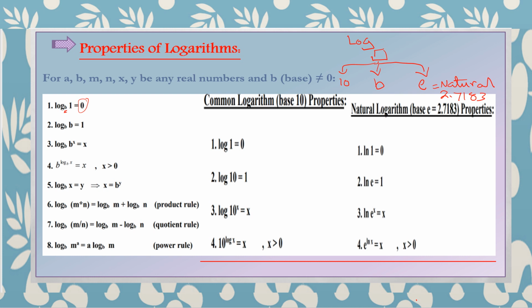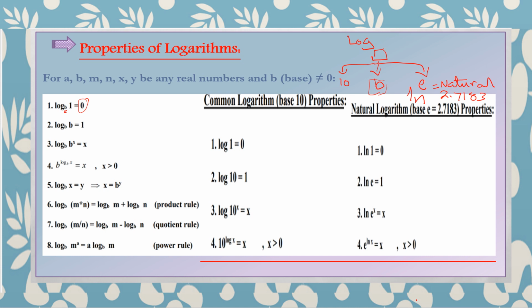The base can be 10, the common base, or b, which is any real number, or e. But when the base of the logarithm equals e, the natural logarithm, 2.7183, the logarithm is written ln, not log. So ln means the logarithm with natural base, or e.